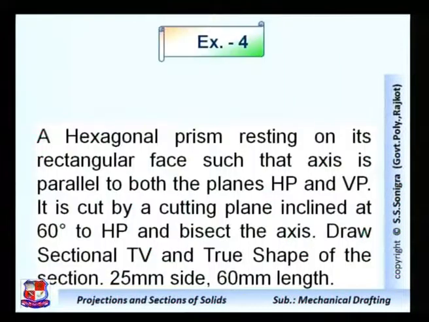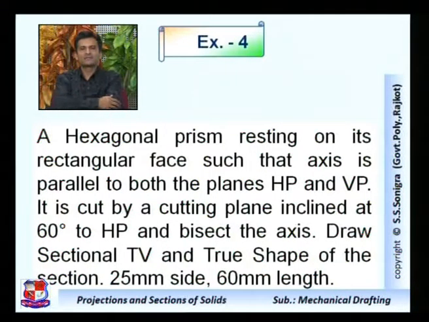Now the second problem, example number 4. The data is given like this. A hexagonal prism resting on its rectangular face such that the axis is parallel to both the planes HP and VP, and it is cut by a cutting plane inclined at 60 degrees to HP and bisecting the axis.